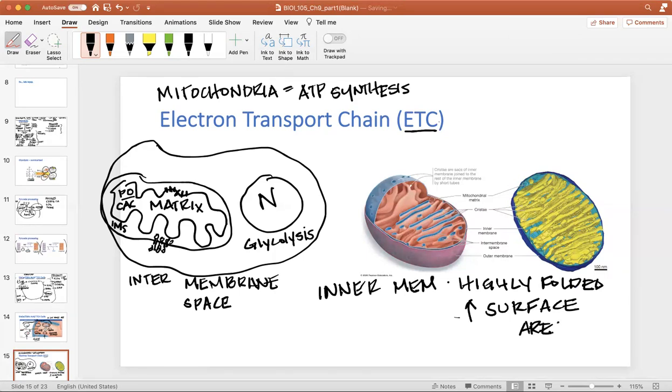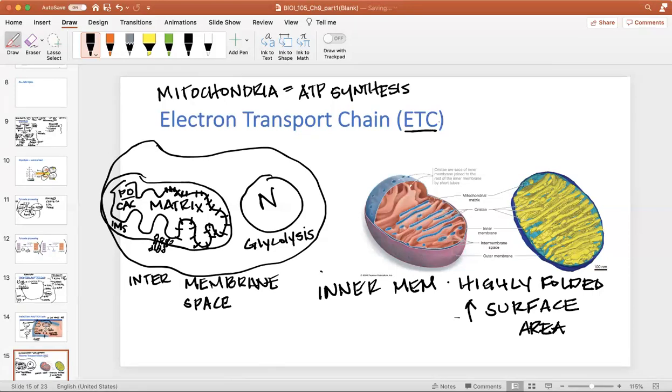Well, let's think about this. If I fold up and just pack as much membrane as I can in this mitochondria, then I literally have more space to park my electron transport chain proteins. And I can just put tons and tons of them on here so that we can generate all kinds of ATP in your cells, okay?